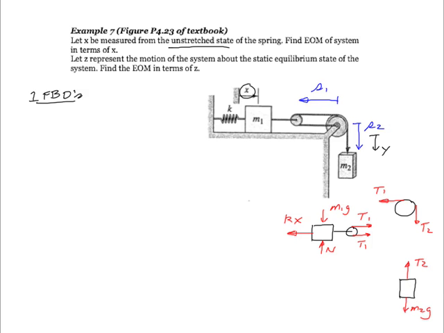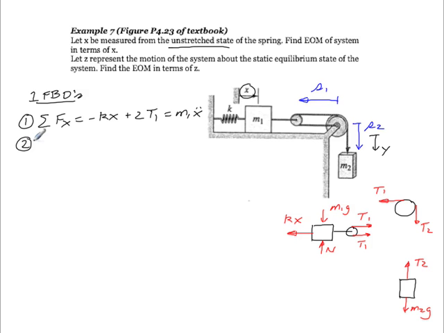Okay, so if I look at the free body diagram 1, summing forces in X, with this done I have minus Kx. I've got two tension forces of T1, so that's 2T1 is equal then to M1 X double dot.